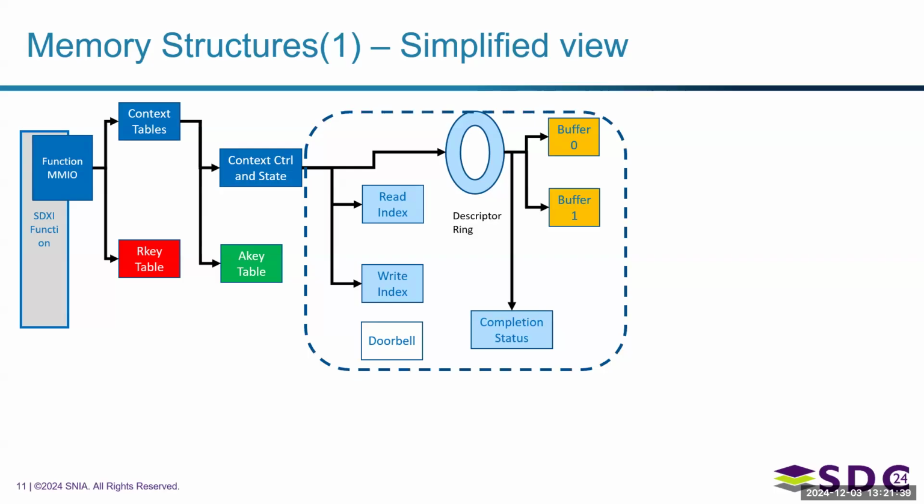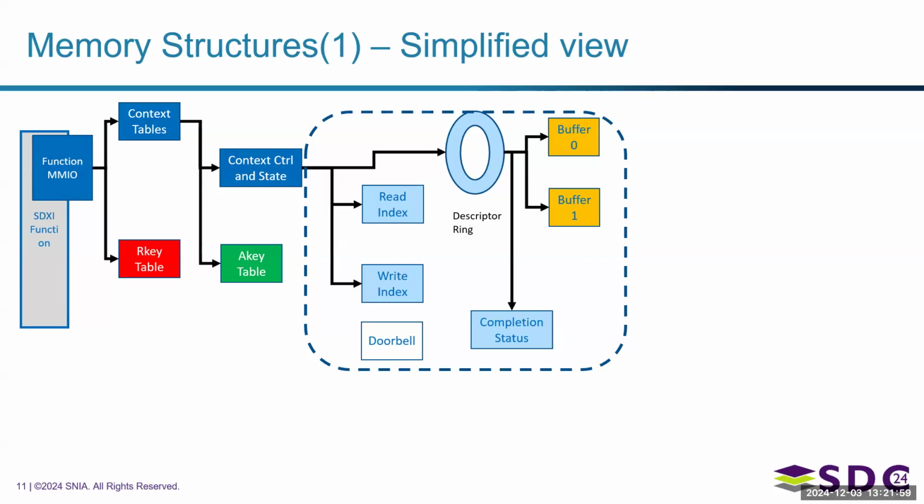This inner shaded region describes what a user level application needs to know to be able to send the accelerator any kind of work. All of these structures can exist in memory within the user space.